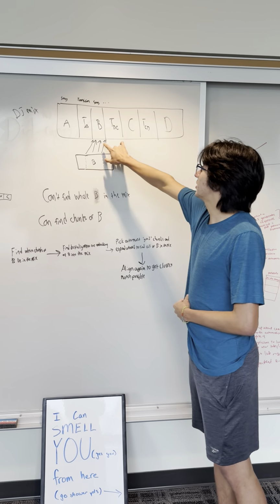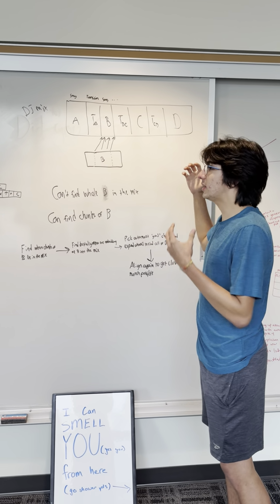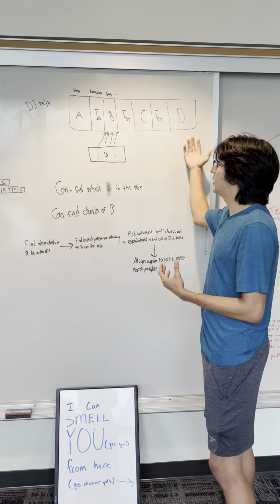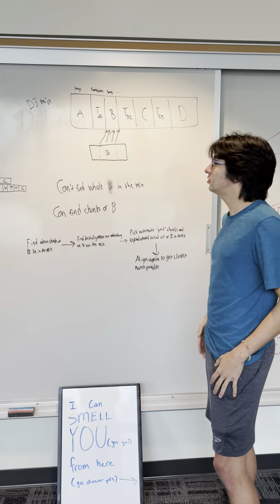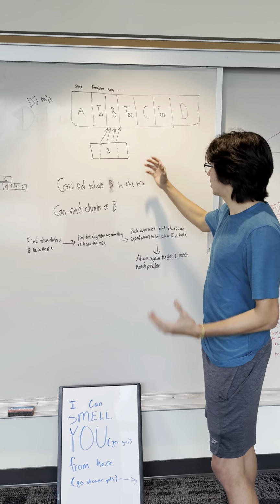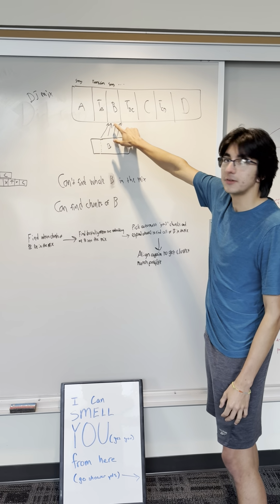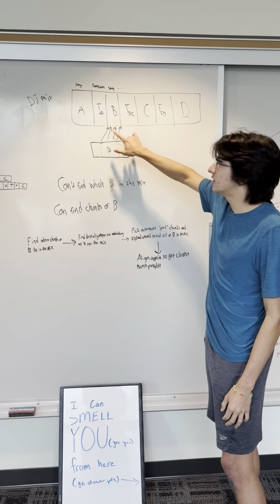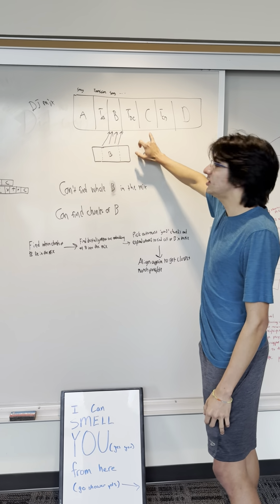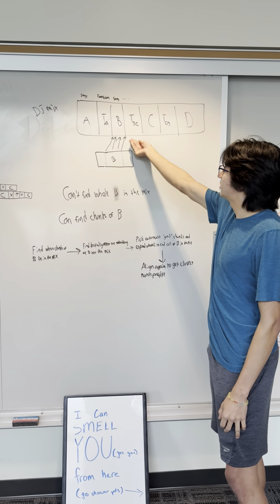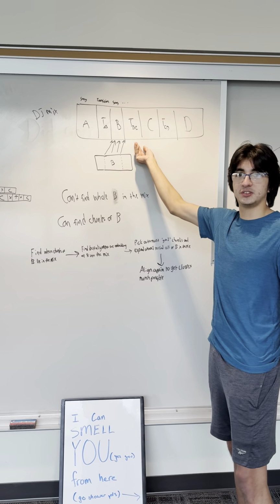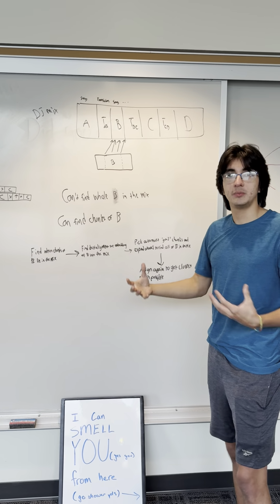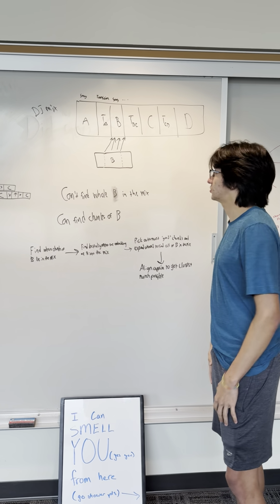For example, say we have songs B and C in our playlist and we download a DJ mix containing those two. We identify where B is in the DJ mix, where C is, and the spot in between is going to be the transition. That is what we would play between songs B and C when you're playing the actual playlist.